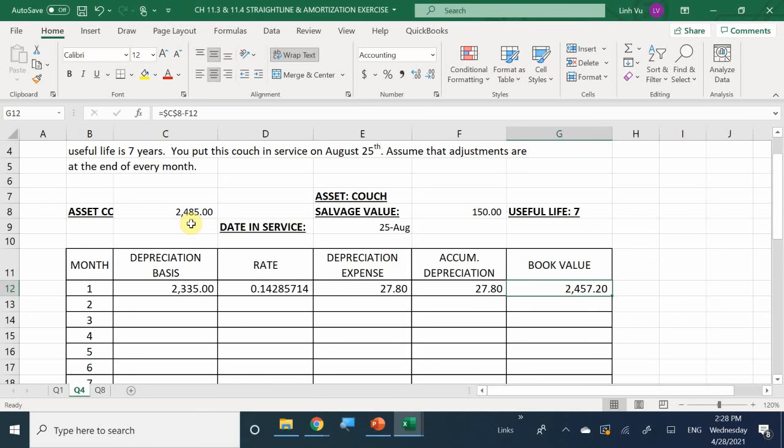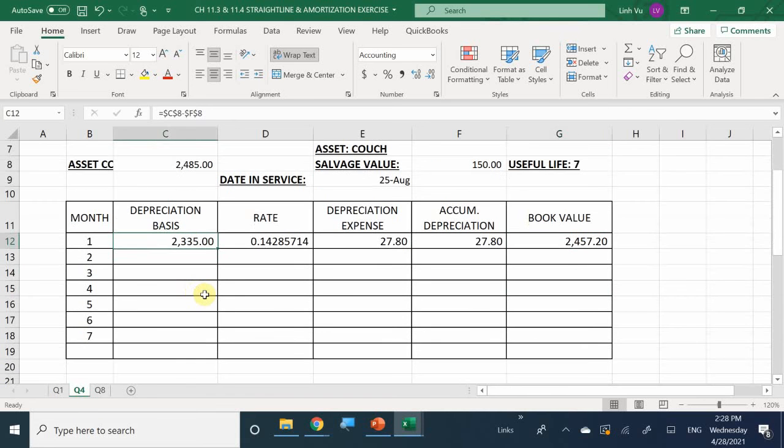So then let's go ahead and solve for month number 2. What's my depreciation basis going to be? Exactly. In this case, this also follows the same law, right?